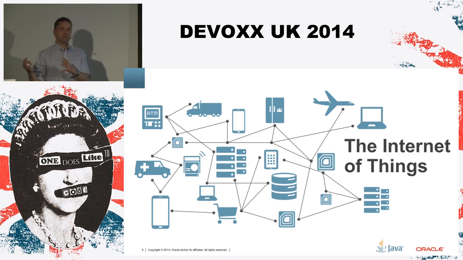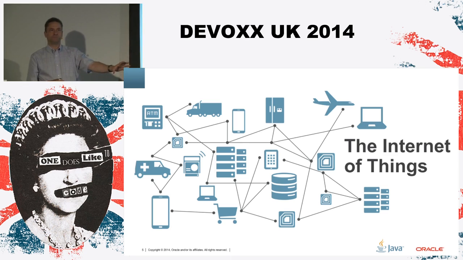So people tend to think of it as a flow of information from sensors into the back end, into the enterprise system, the server, where we can do analytics and process that data and find interesting things. But the Internet of Things is also about data flowing the other way as well.